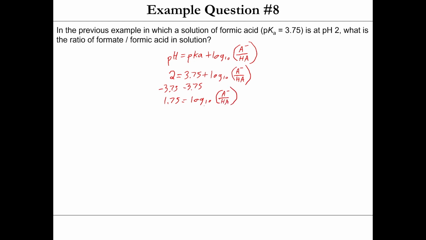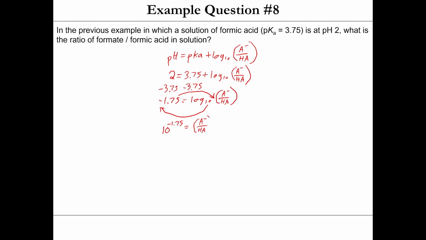Now if we just do our conversion here, it's my little trick, but you can do it whatever makes most sense in your head. So 10 to the negative 1.75 equals the ratio of the conjugate base, formate, to the acid, formic acid.